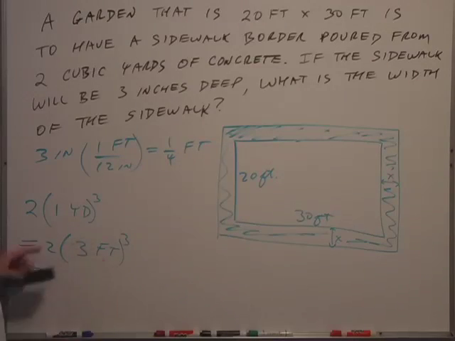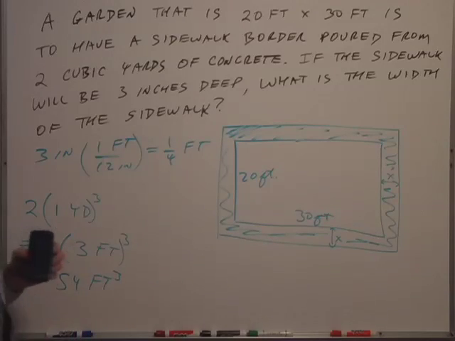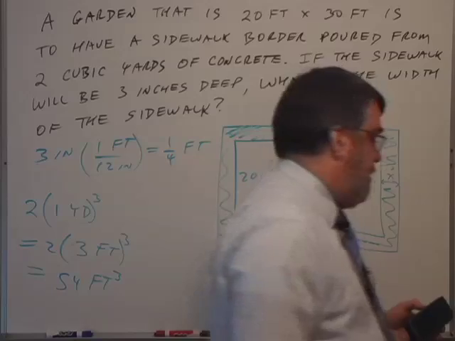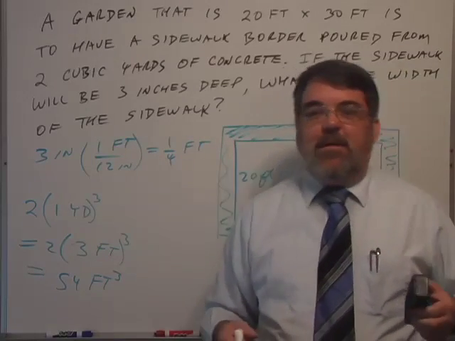I was getting ahead of myself here. 1 yard is 3 feet. 3 to the 3rd power is 27. So here I've got 27 times 2 is 54 cubic feet. So the concrete is 54 cubic feet. The depth of the sidewalk is 1/4 of a foot.